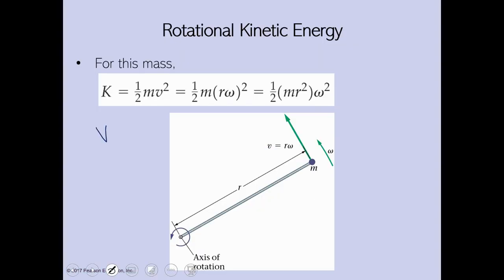So we're going to replace v, so we know v equals radius times omega. Let's use that here. And then we're just going to rearrange it a little bit to find 1/2 mr squared multiplied by omega squared. And in this case, now this mr squared term is taking the place of our mass, and that's going to be important to remember.